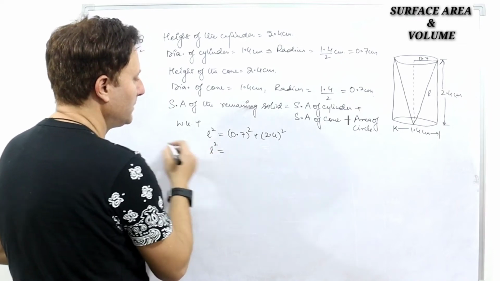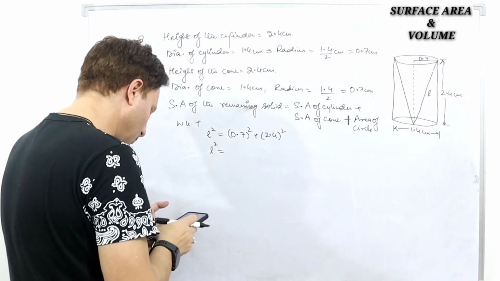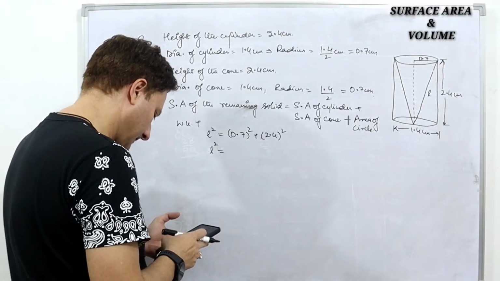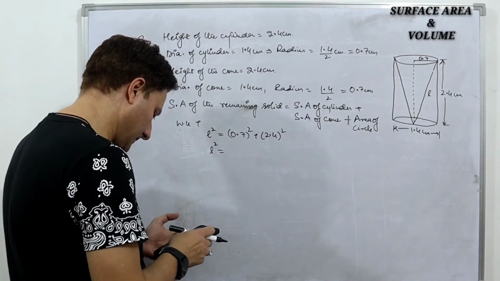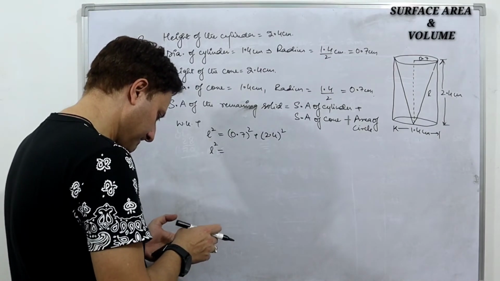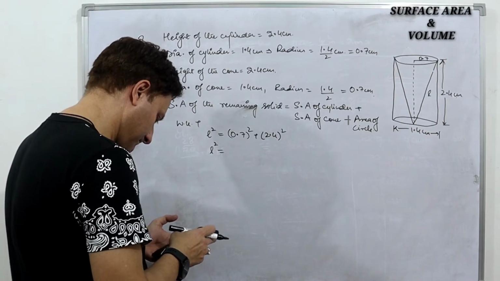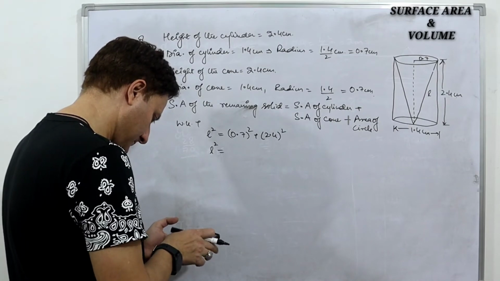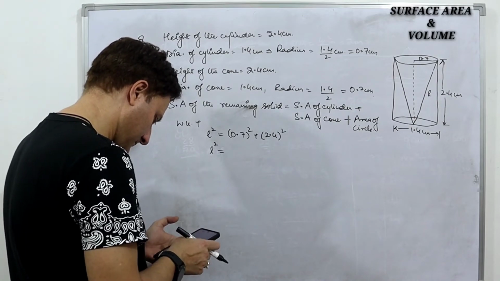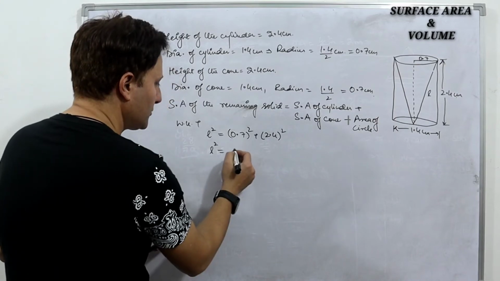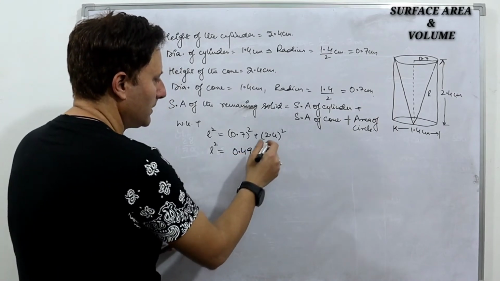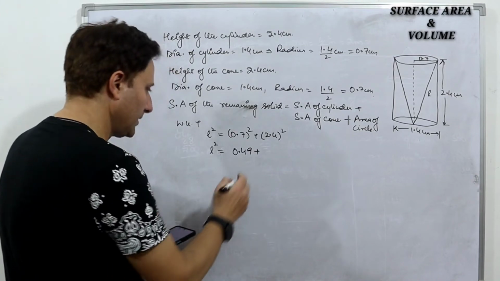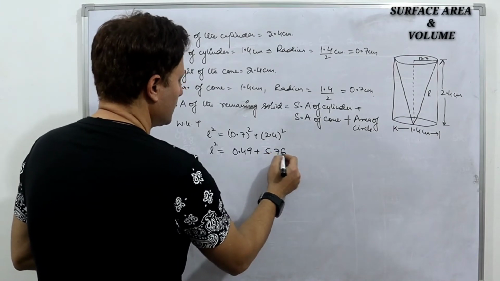L square will be, if we multiply 0.7 with 0.7, give me a second, guys, so it is 0.49, plus 2.4 multiplied by 2.4, that is 5.76.